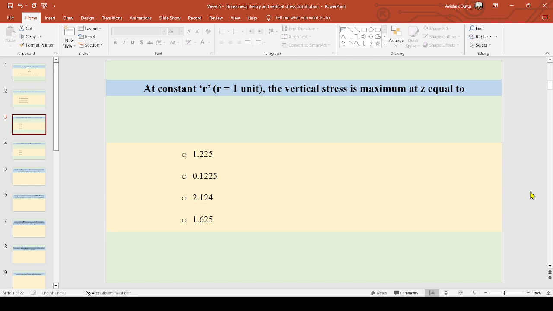So when r equals 1 unit, what will be the value of z, the depth at which we will obtain the maximum value of vertical stress? The options are 1.225, 0.1225, 2.124, and 1.625.